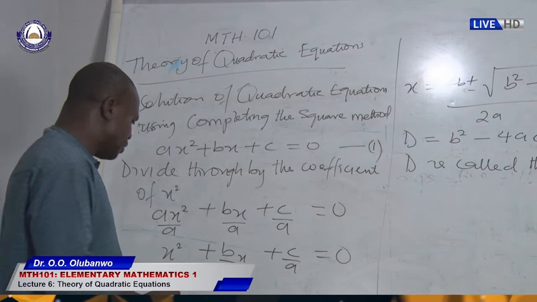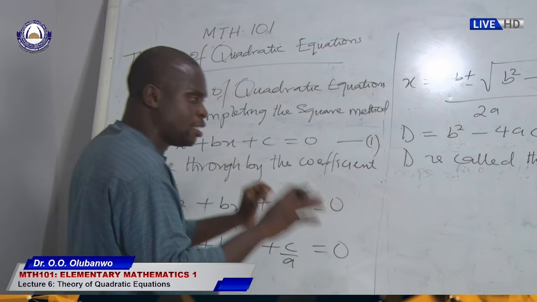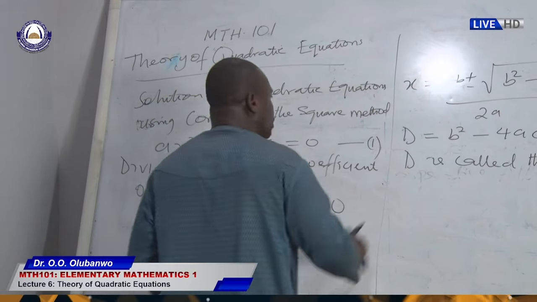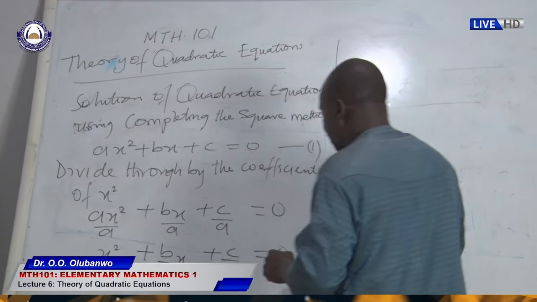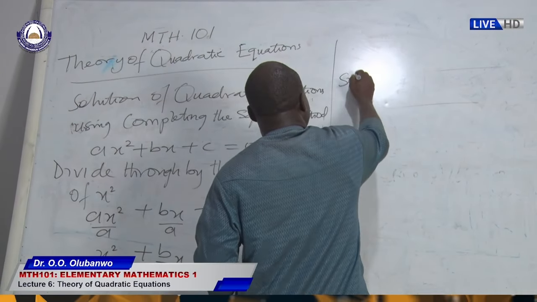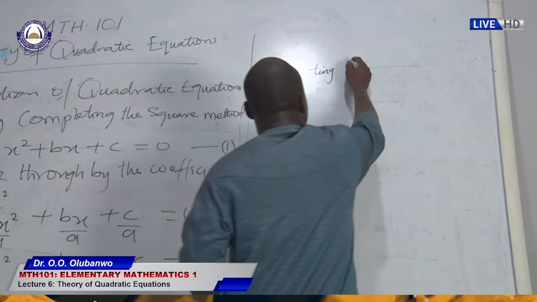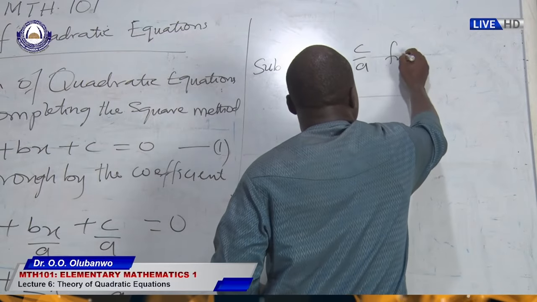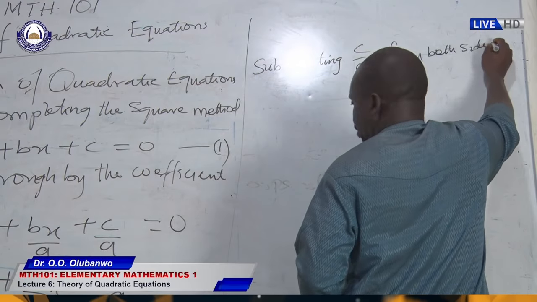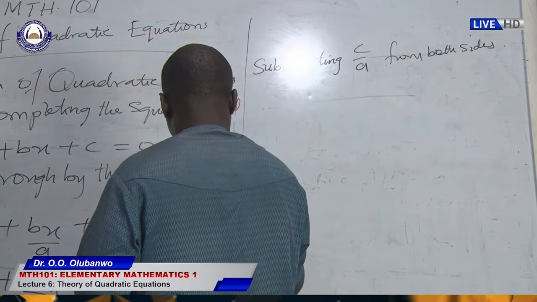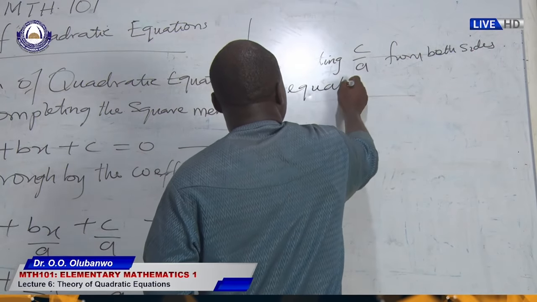Now, the next thing for us to do is to subtract c over a from both sides. Now, class, subtracting c over a from both sides, right? Label it as equation 2.